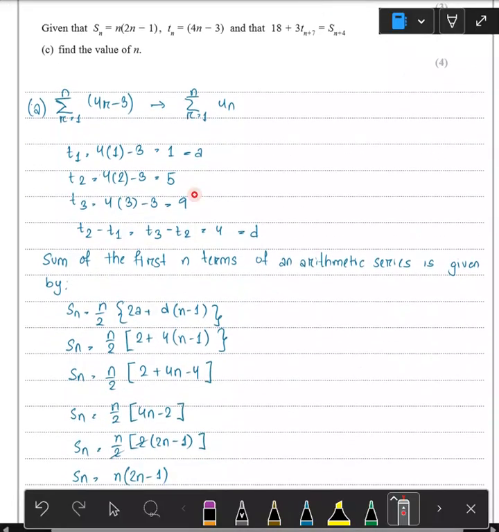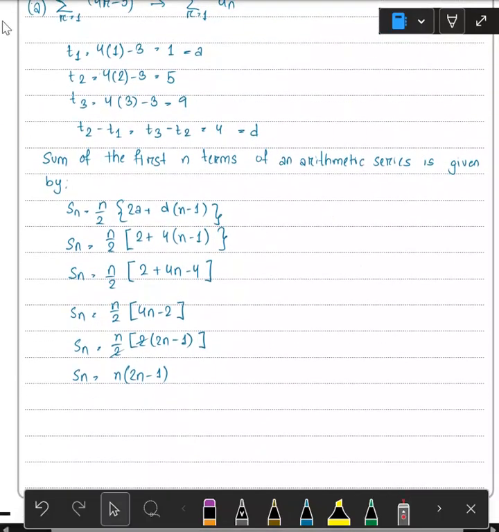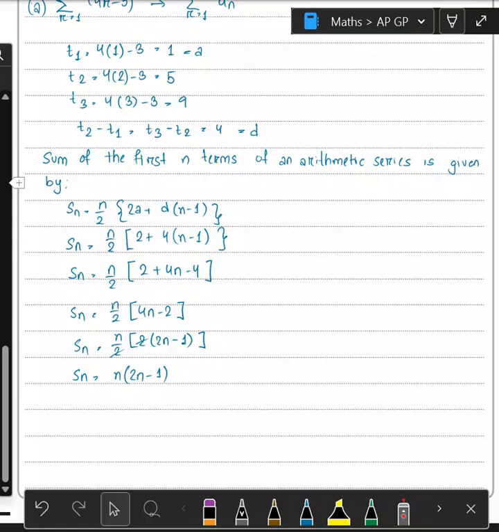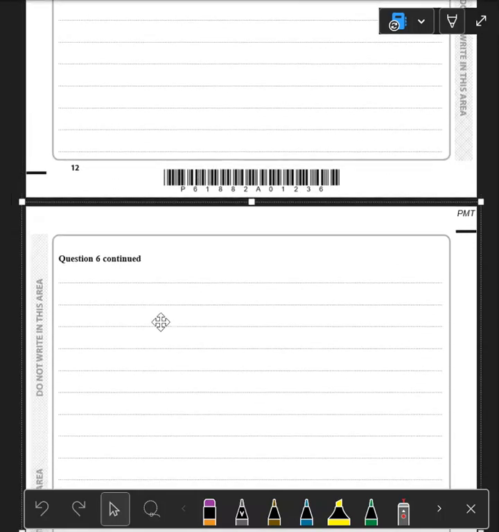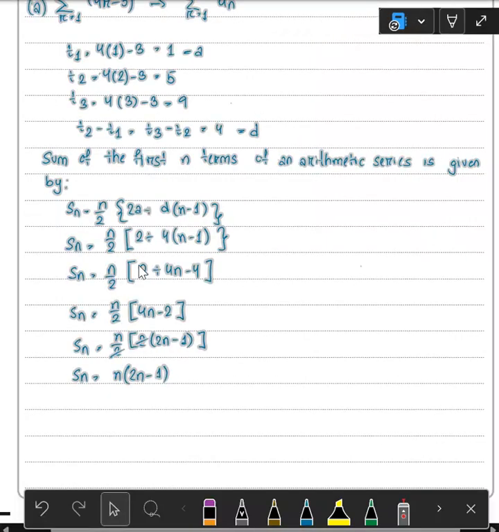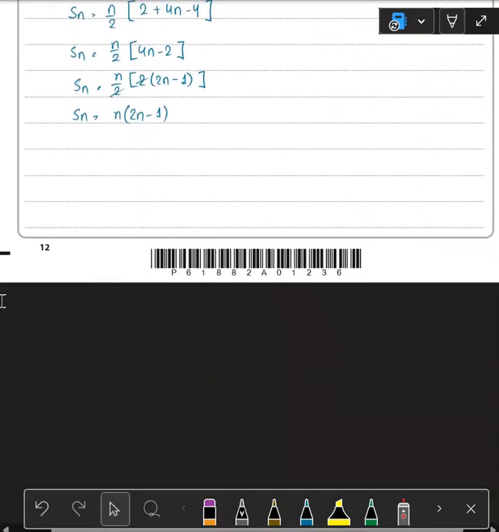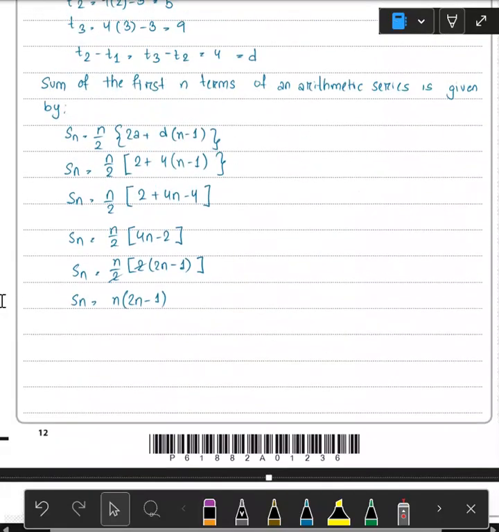The way I usually solve this question is, you have to remember one thing: n cannot be a decimal value, and n cannot be a negative value. These two things you must remember for solving questions of AP and GP.